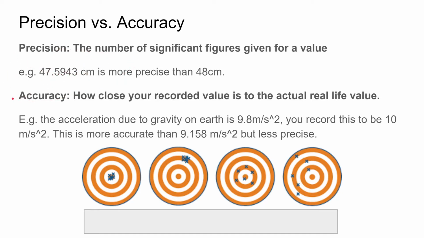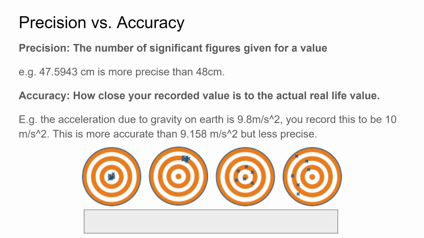Meanwhile, accuracy is how close your recorded value is to the actual real-life value. For example, the acceleration due to gravity on Earth is 9.8 meters per second squared, but you record this to be 10 meters per second squared. Now, 10 in this case would be more accurate than 9.158, but less precise. Why is that?